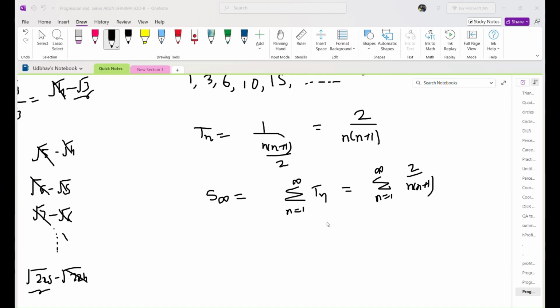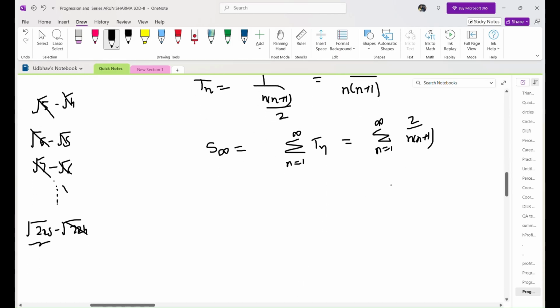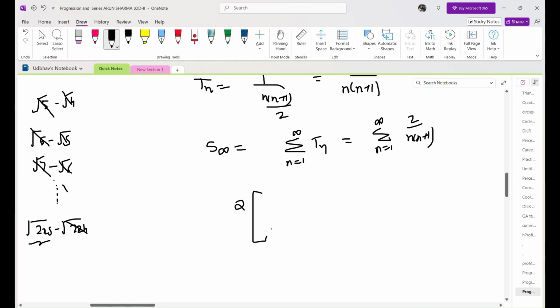We can again use partial fractions, or we can just take 2 out, and inside the bracket we get the sum from n equals 1 of 1 upon n(n+1).